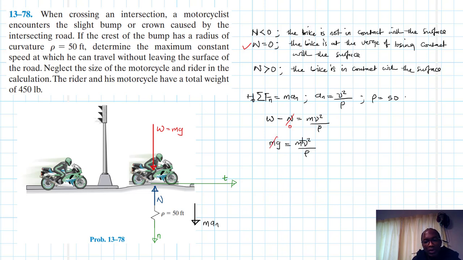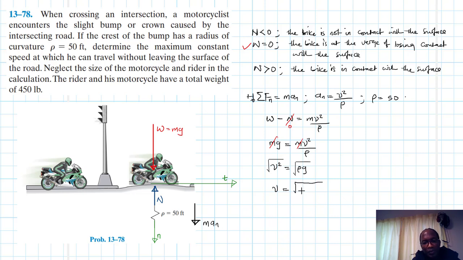The m's cancel out, and therefore v squared will just be equal to rho g. Squaring both sides, we calculate v.